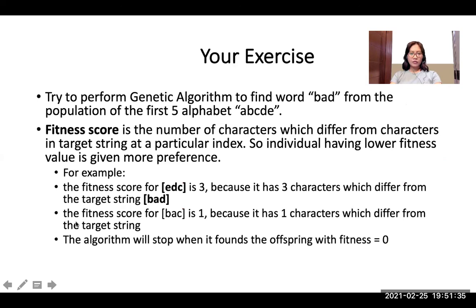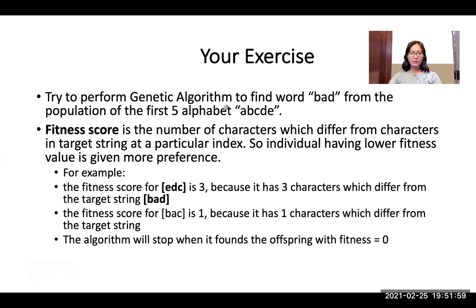Okay, that's it for today for this session. You can try the exercise: try to find the word BAD from the population of the first 5 alphabet, A, B, C, D, E. And you can define the fitness score as the number of characters which differ from characters in the target string at a particular index.